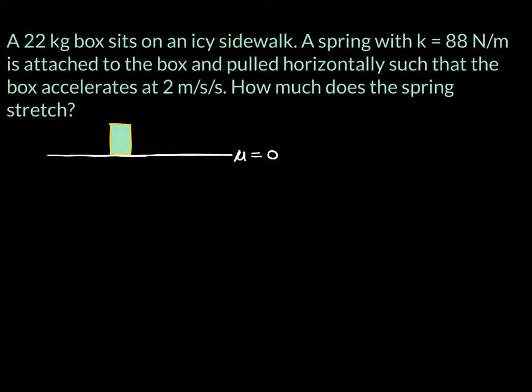We'll make our lives a little bit easier. Then a spring with an 88 Newton per meter spring is attached to that box. All right, so that's a perfect spring. It's been sprung a few times, looks like. K is 88 newtons per meter.